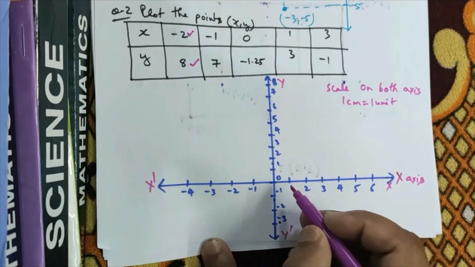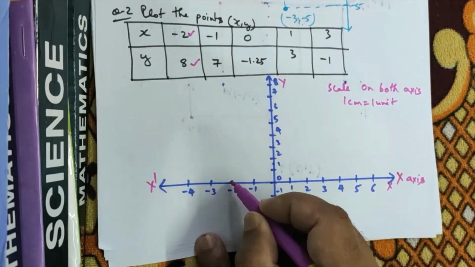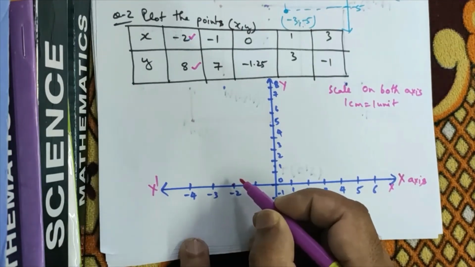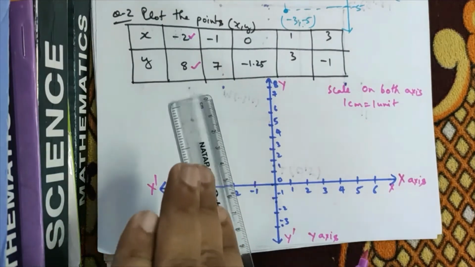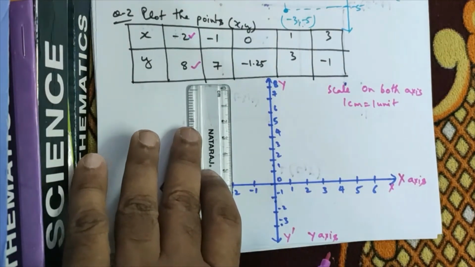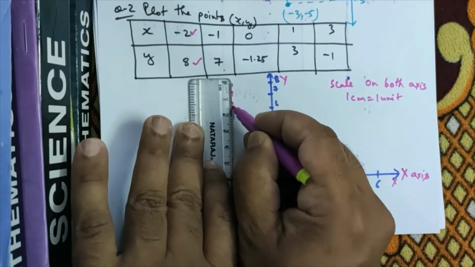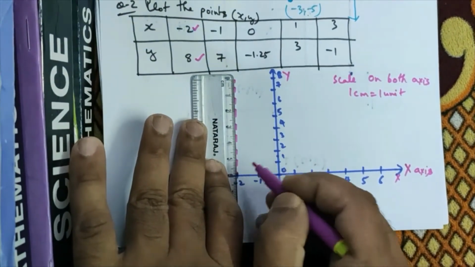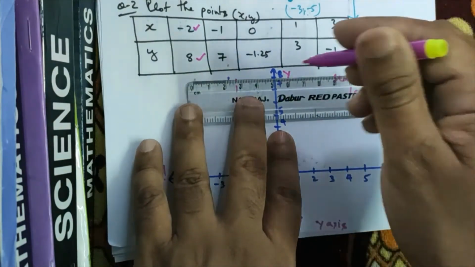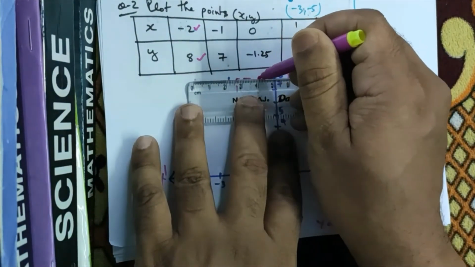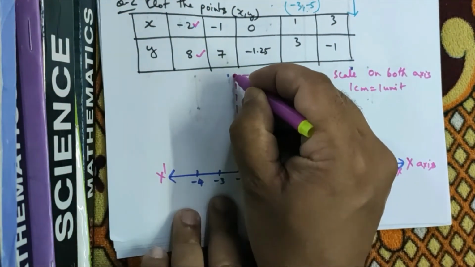So x coordinate is minus 2, that is minus 1, minus 2, and y coordinate is plus 8. So from minus 2 I am drawing a perpendicular, and y coordinate is plus 8. So this will be the point. This point will be minus 2 comma 8.